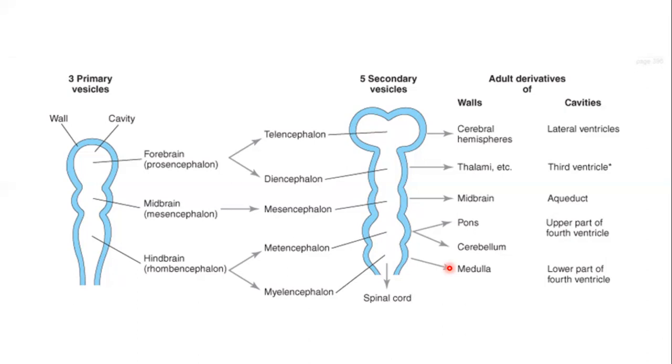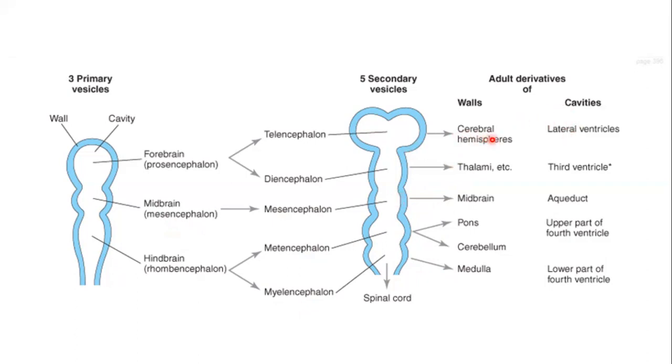So the three parts of the brain stem: the medulla, the lower part, comes from the myelencephalon, the pons comes from the metencephalon, and the midbrain, of course, from the mesencephalon. These are the parts coming from embryological origin, and these are their cavities.